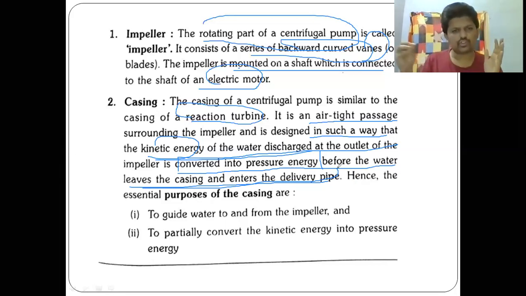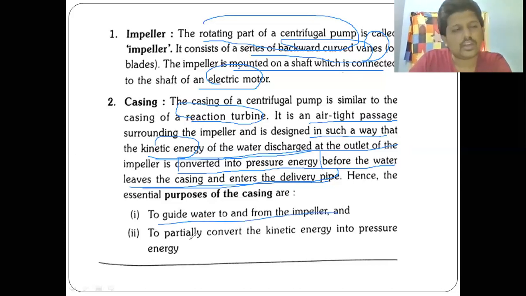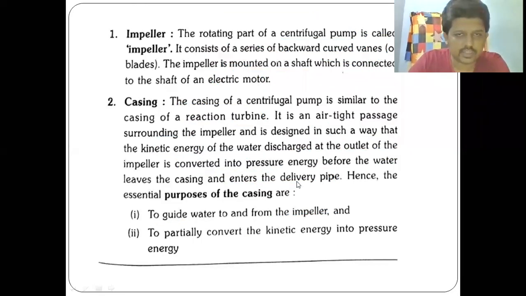There, the key is not only the velocity; it is also the pressure with which it impacts the blade. So pressure is also important. So we need to convert the kinetic energy to pressure energy. What are the basic purposes of the casing? It guides the water to the impeller. It converts partially the kinetic energy to pressure energy, which I just mentioned.